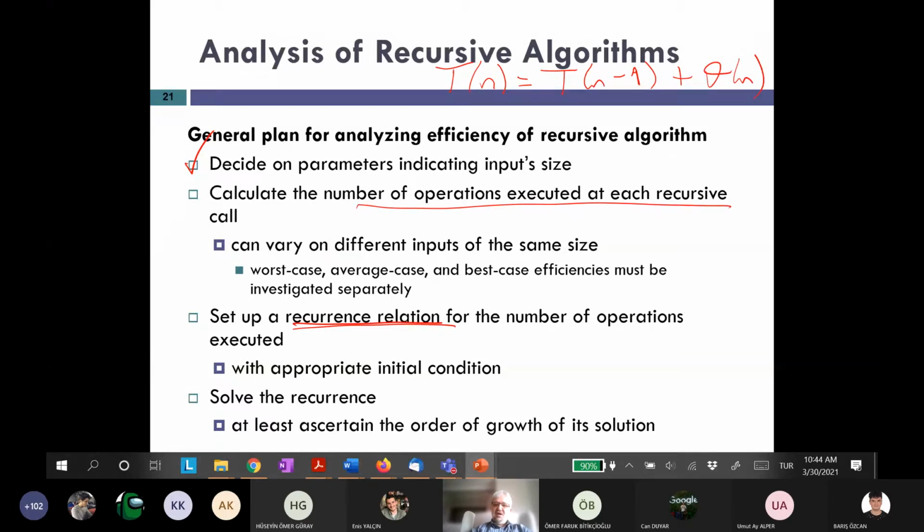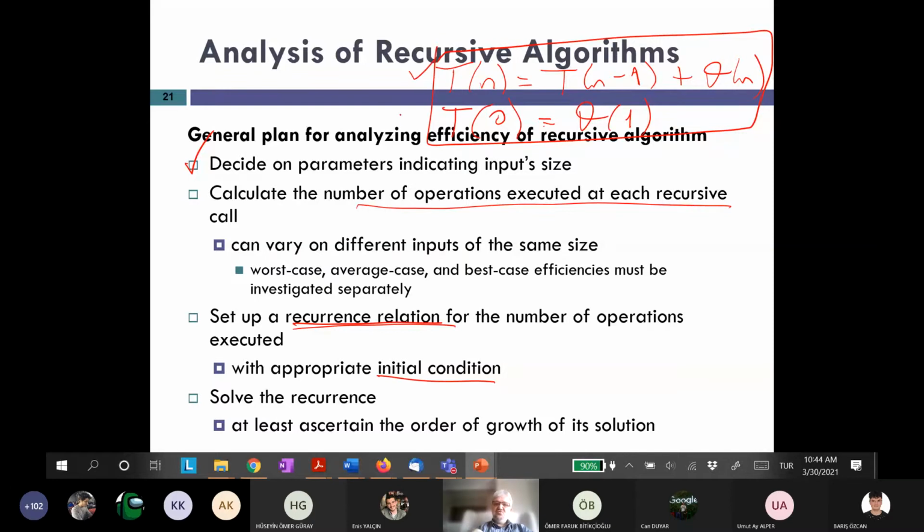But we should consider the initial condition or base case as well. We have to write an initial condition when n is small. For example, if n is 0, we take constant time, right? This is the whole recurrence relation.